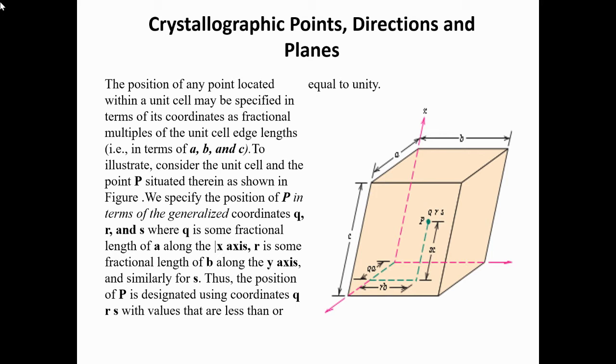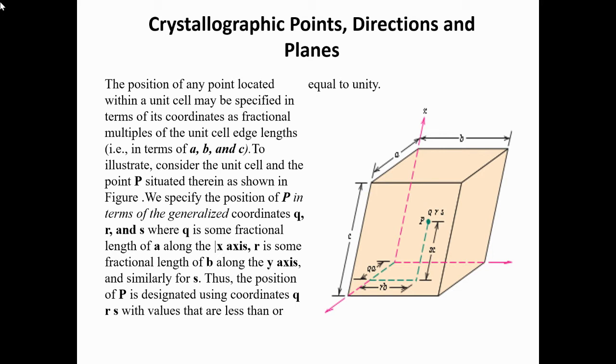These coordinates are nothing but fractional multiples of the unit cell edge lengths, that is, along a, b and c. So in this figure, as you can see, there is a point P located within a cube. So we want to specify P.